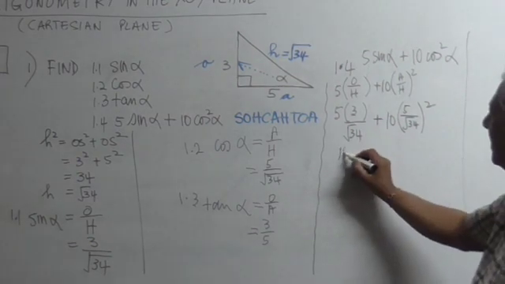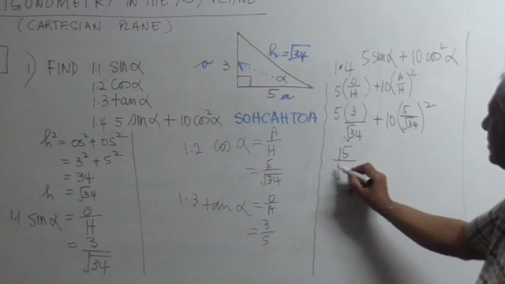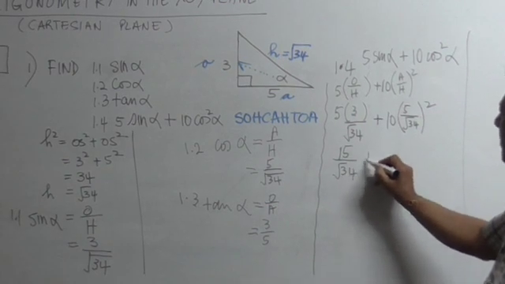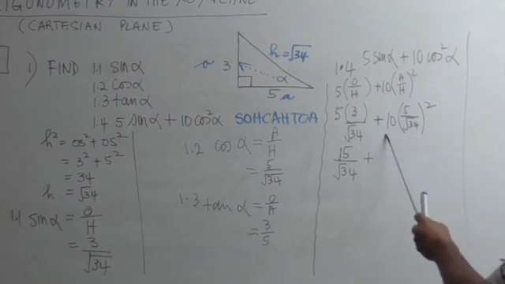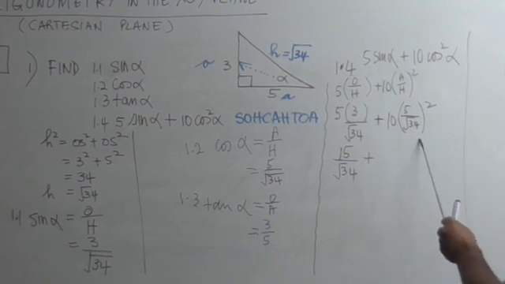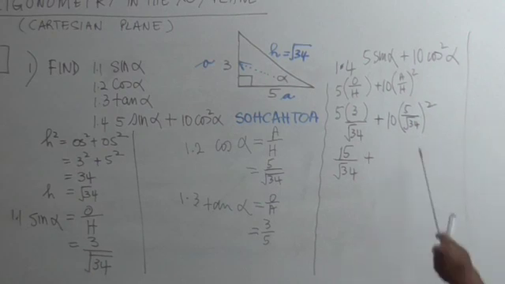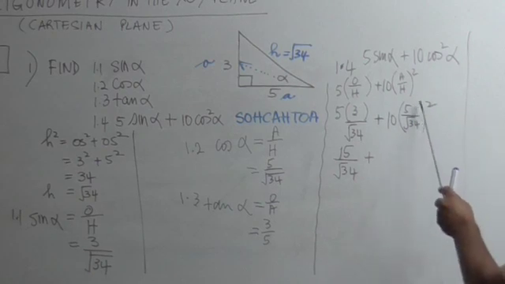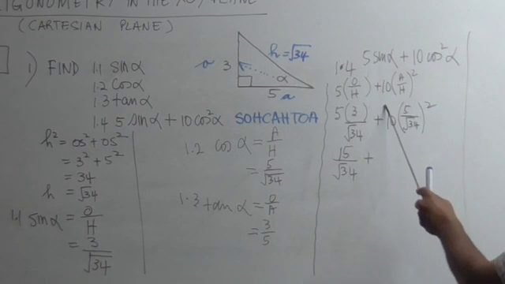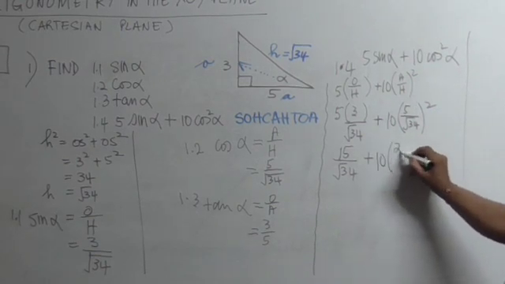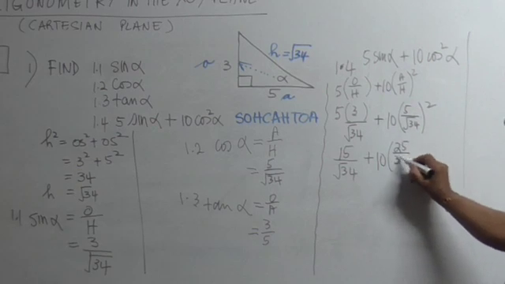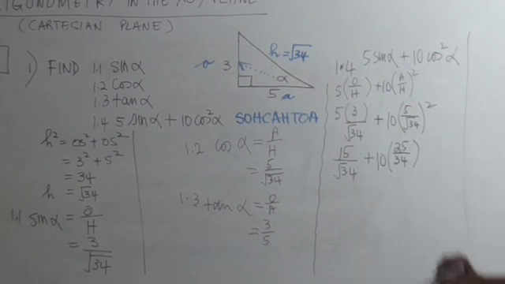Or if I just simplify this a little bit, you'll get 15 over root 34 plus. Now remember this, you can put it like this in the calculator and it solves your problem. But if you haven't got a calculator, then the power comes first. So this will be squared first, then multiply by 10. So leave the 10 just like that. That will become 25 over 34.